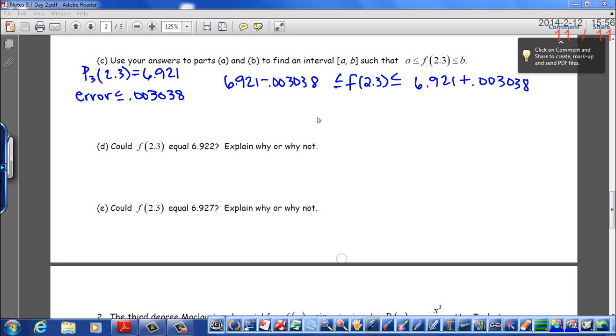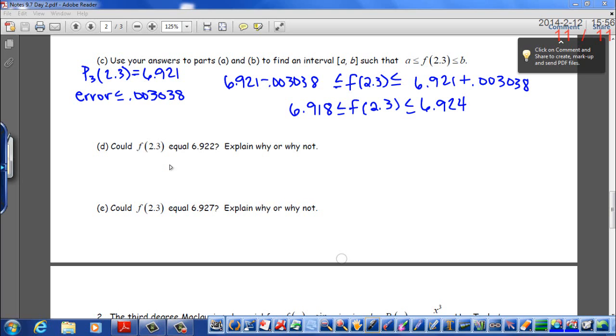And when you type those numbers into your calculator, you get that f of 2.3 is between 6.918 and 6.924. So that's the range of values that f of 2.3 would fall between if I used that third degree Taylor polynomial to approximate it. The actual value of f of 2.3 has to be between those two numbers.